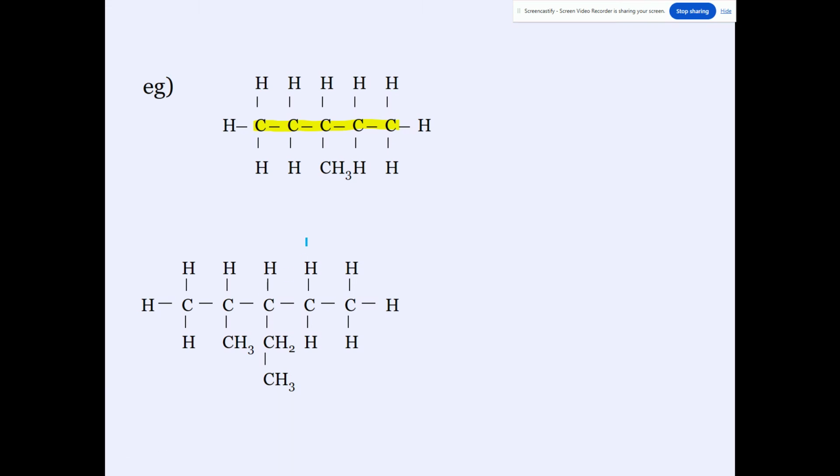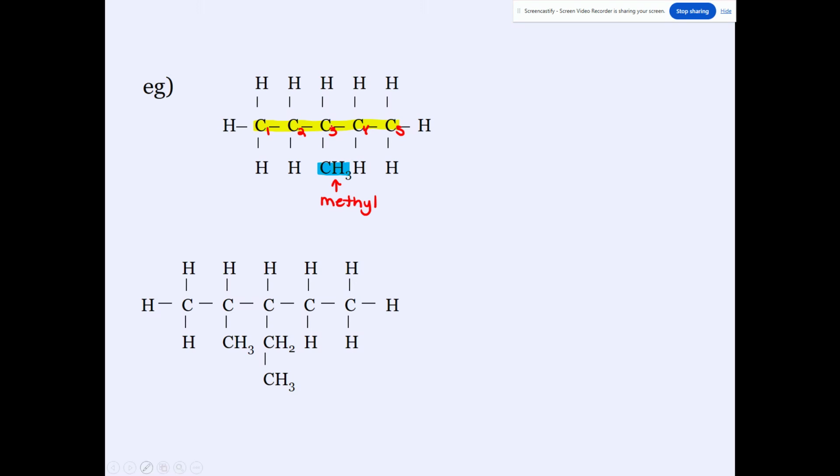Now, the other carbons of the compound that you have left are branches. And that has 1 carbon in it, so that is a methyl branch. Then your parent, again, you're going to number it so that your branch has the lowest number. So if I number it from left to right, my branch is on carbon 3. If I were to go from right to left, it would also be on carbon 3.